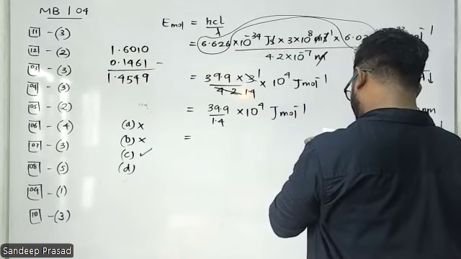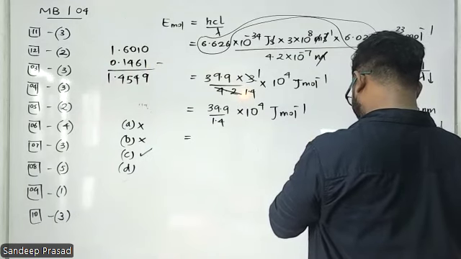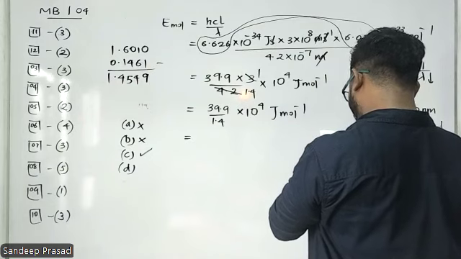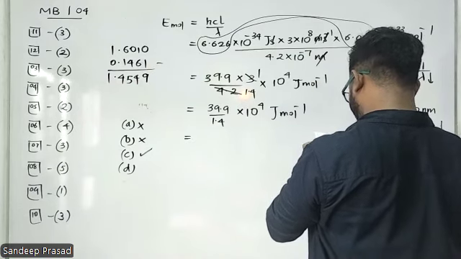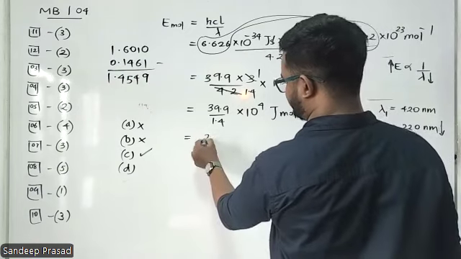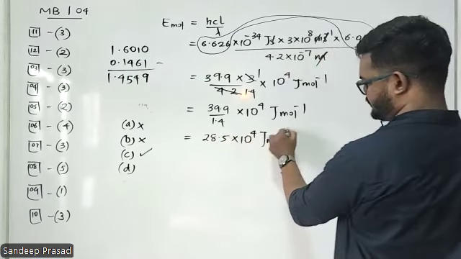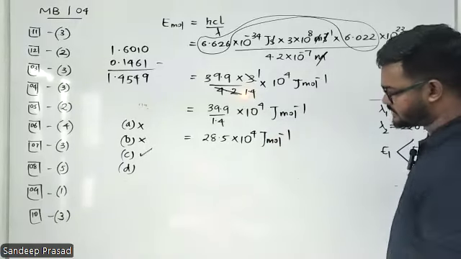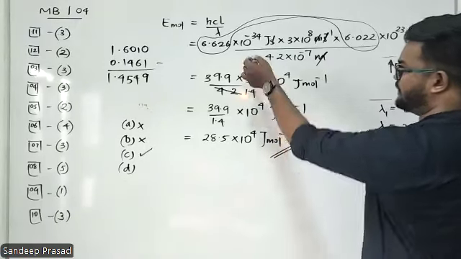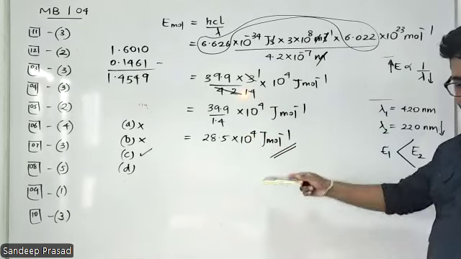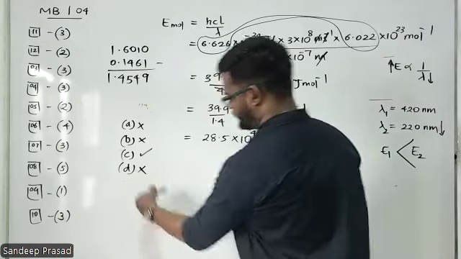So 4549 antilog. 28.5. Yeah, 28.5. So they have been given in joules per mole. This is the answer. So therefore D statement is wrong.